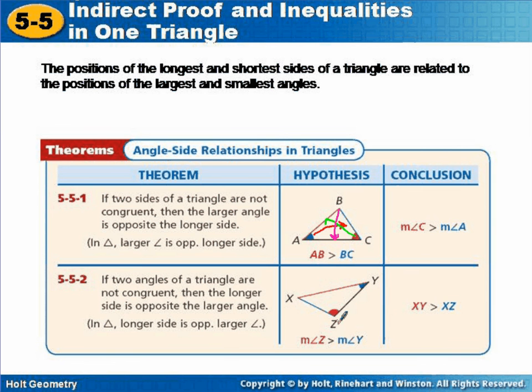And so they're telling us that we have angle Z, and his buddy is this side, and we have angle Y, and his buddy is this side. And then they tell us down here that Z is bigger than Y. So the side opposite from Z, XY, should be longer than the side opposite from Y, XZ. So pause a moment and let that sink in.